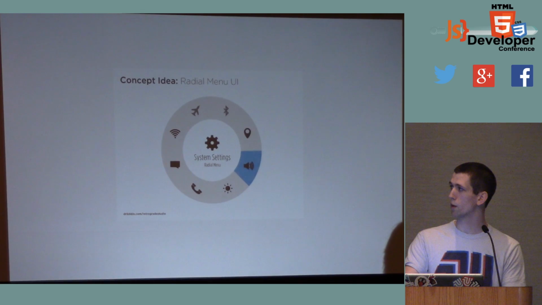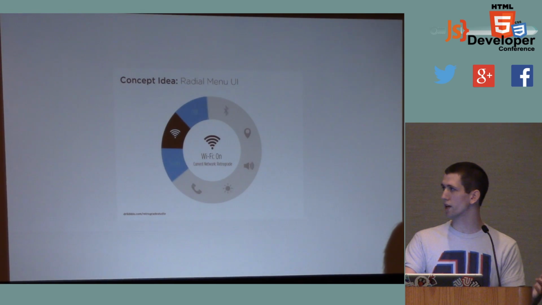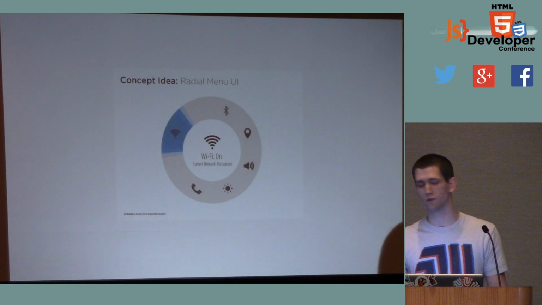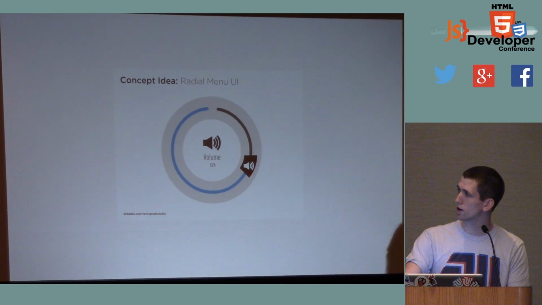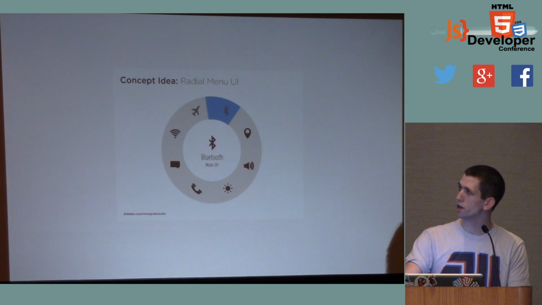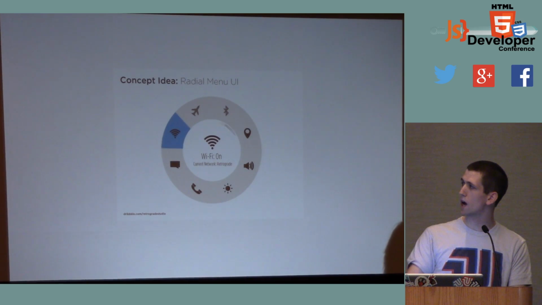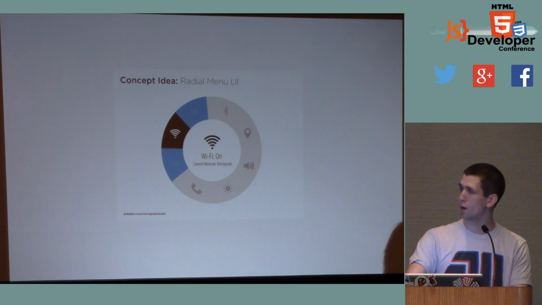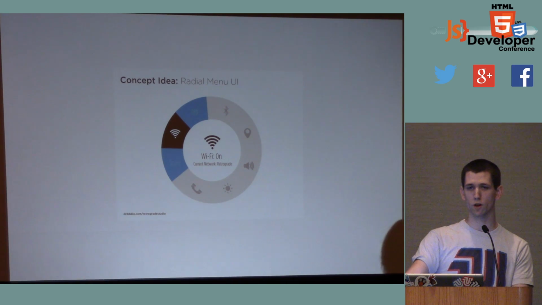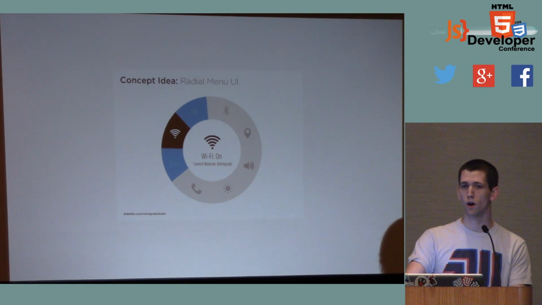So let's talk about it. First, I'm going to assume that touch is driving this thing. I just found this on Dribbble. Some guy came up with that. I think it's pretty cool. But let's talk about what the interaction is. So we want to basically tap or click on one of the icons, and then the state of the whole thing changes, right? So I'm going to argue that the icons that are arrayed around this circle, the 8 different icons, are just tabs.